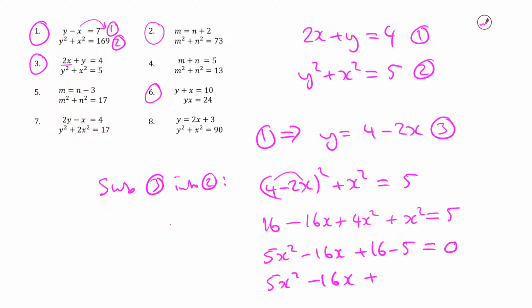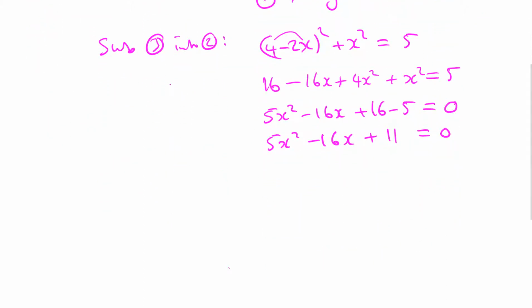What's 9? 11, you mean? Oh yeah, 11, sorry. So 5x squared minus 16x plus 11 equals 0, and then you have to substitute the stuff.